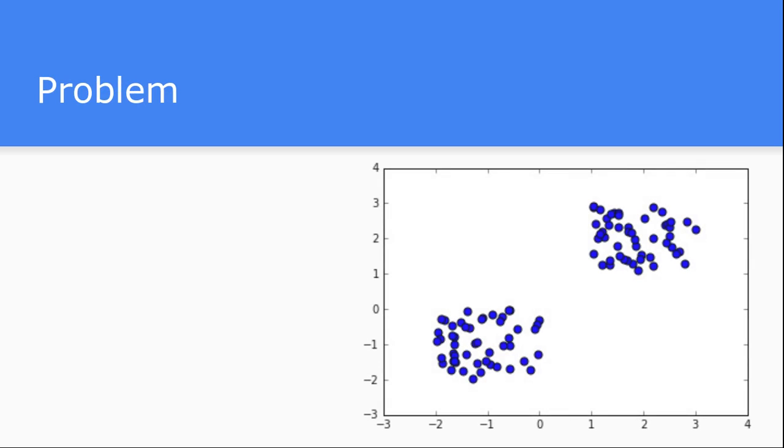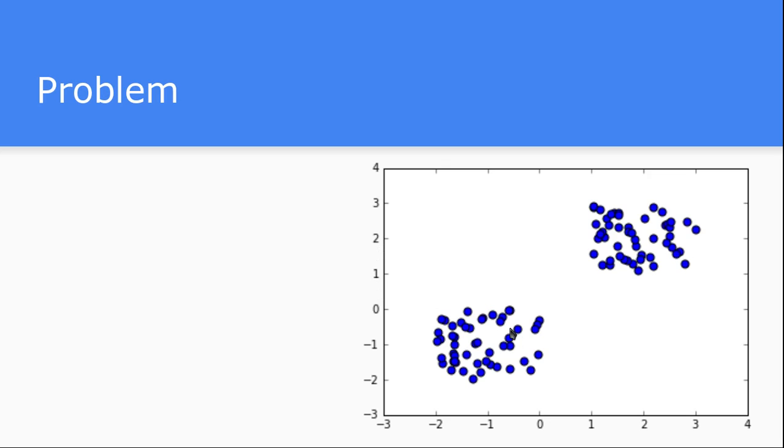Now let us look at this very simplistic two-dimensional data I have hypothetically created. It is two-dimensional data, so each individual data point has two features: one in the horizontal axis direction, one in the vertical axis direction.